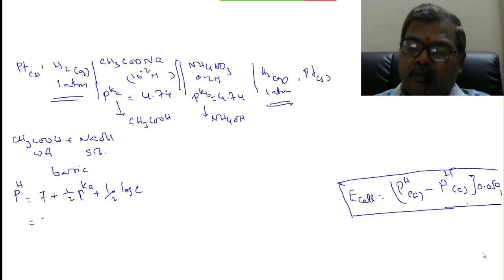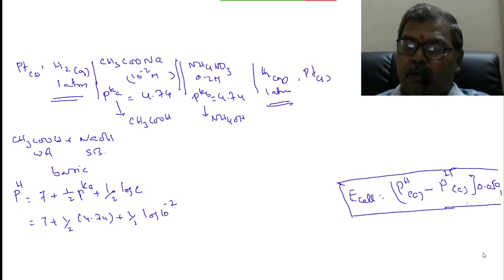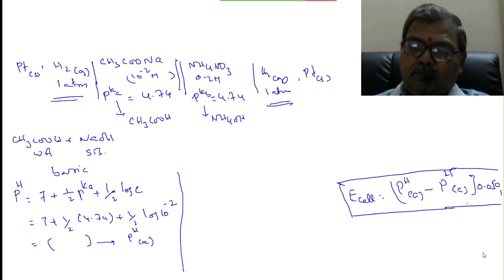So it is 7 plus half pKa value, 4.74, plus half into log of salt solution concentration, 10 power minus 2. Now you will get the pH of the solution in the anode half cell. Clear?